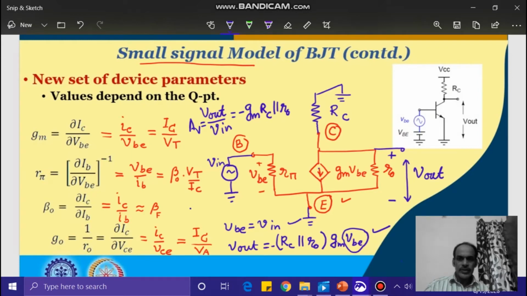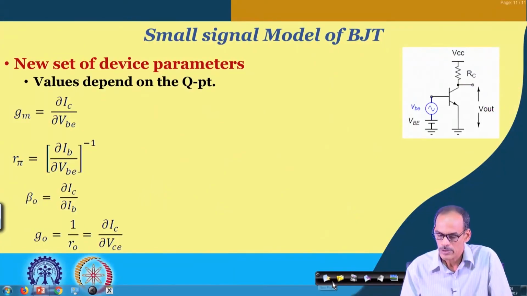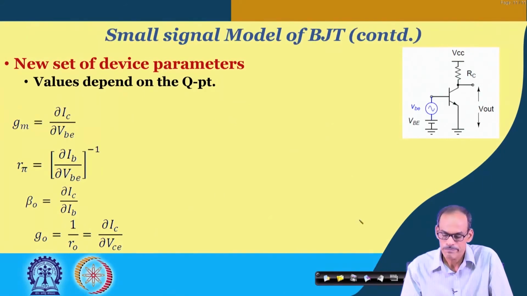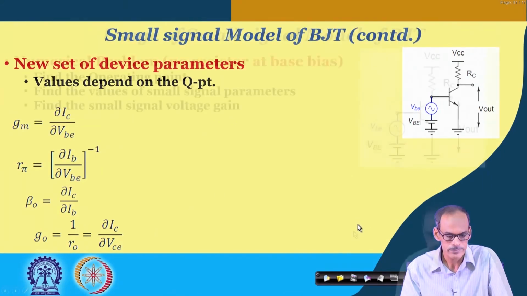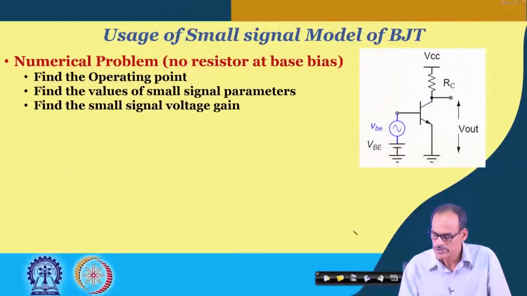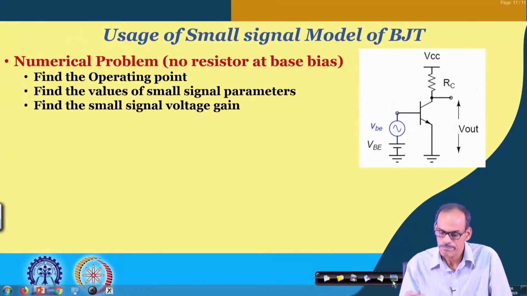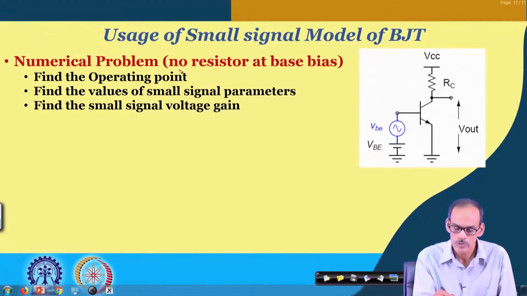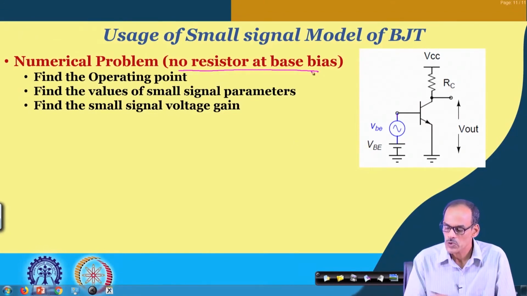Let's move to one numerical example to further illustrate this. In this numerical example we have the same basic circuit. The main thing is that at this bias we do not have any resistance, so we directly apply both the bias and the signal to the base. That makes the circuit simple.